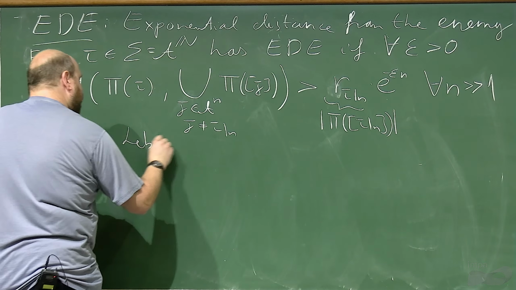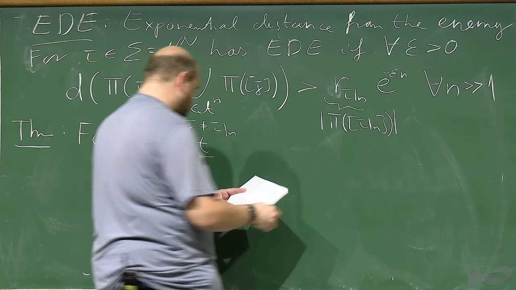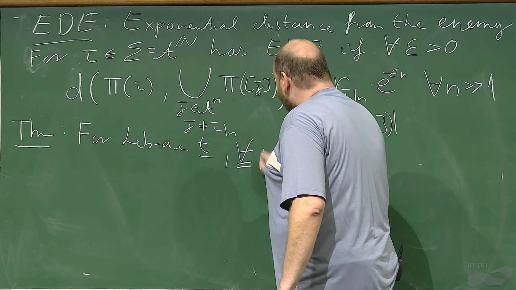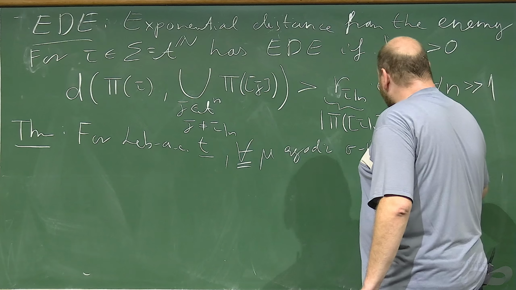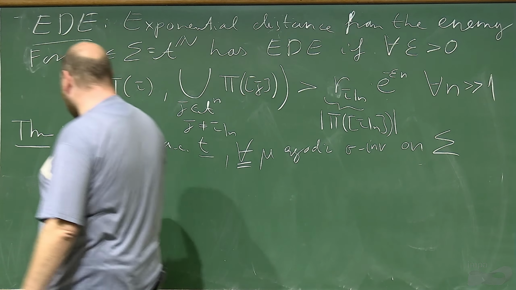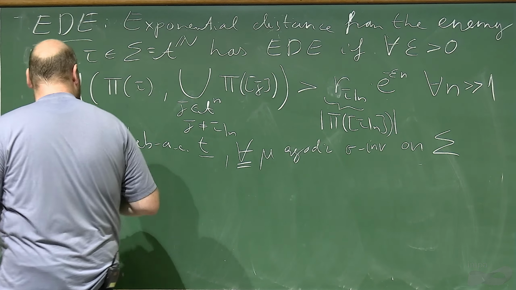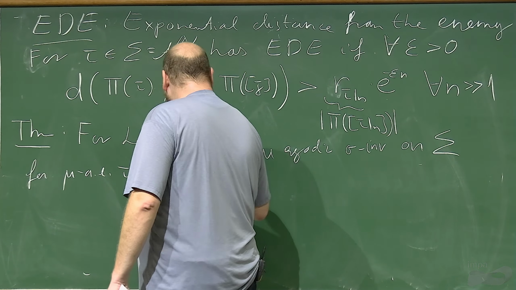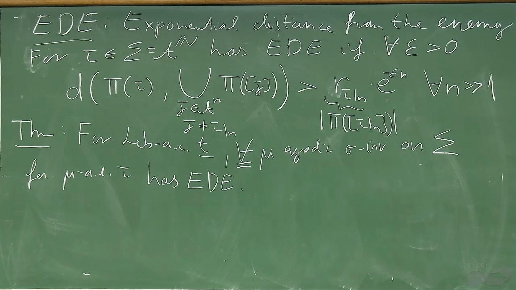So for Lebesgue almost every translation parameter, for every mu ergodic shift invariant measure on my symbolic space, for mu almost every infinite sequence I has this EDE property.